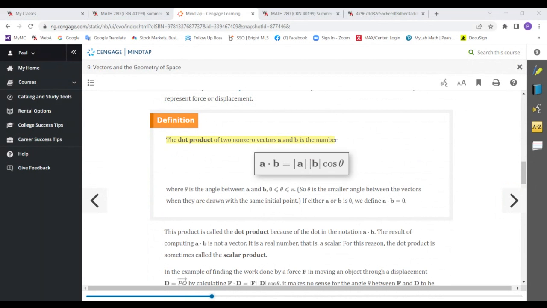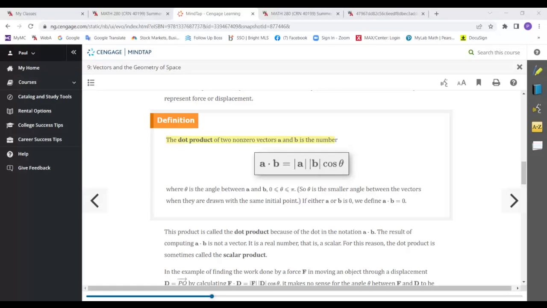The dot product between two vectors is defined as the length of vector A times the length of vector B times the cosine of the angle between the vectors. By the way, theta is between 0 and pi, between 0 degrees and 180 degrees.